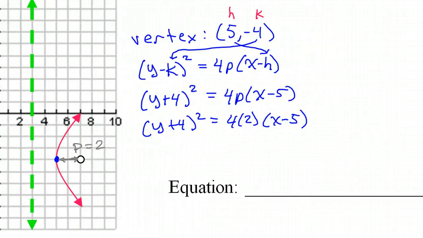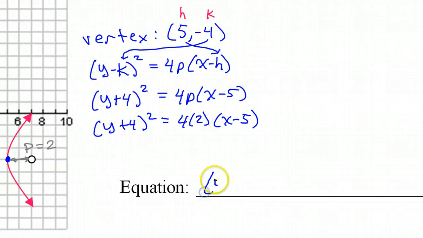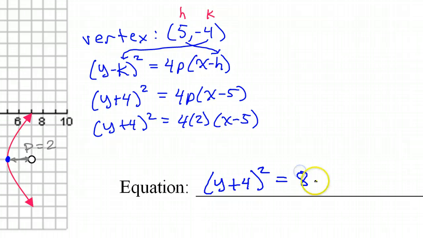So now we can go ahead and write the final equation. Okay, so that's going to be y plus 4 squared is equal to 8 times x minus 5. And there it is.